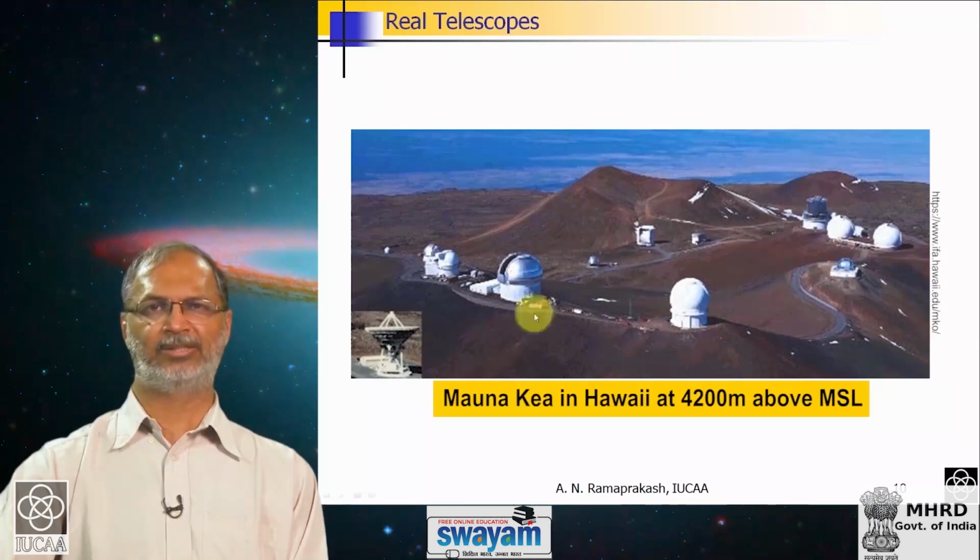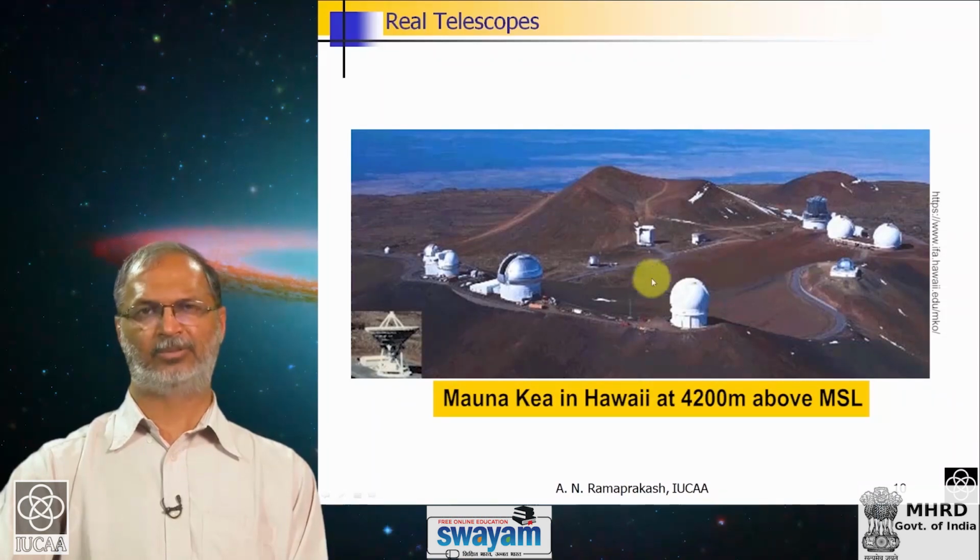So, many of the very large telescopes are located at the top of this mountain. Now, why is this mountain special? First of all, this mountain is so tall that most of the time the clouds are below it, which means when you are looking up at the sky, the clouds do not block the light coming from those faint objects in the sky. You are above the clouds.